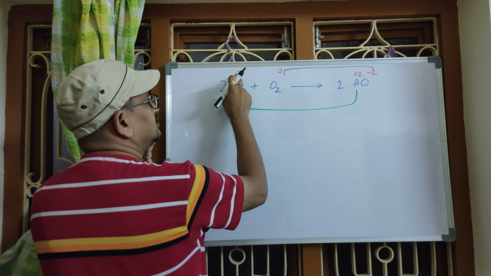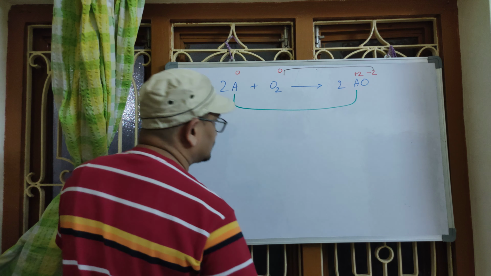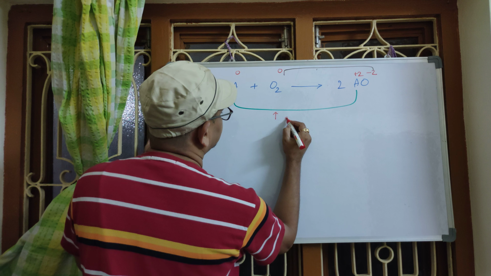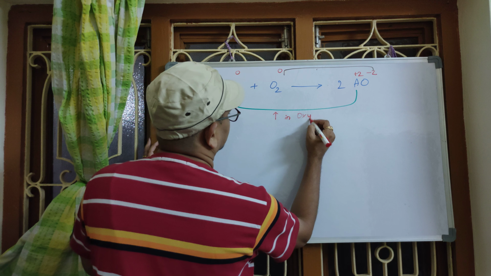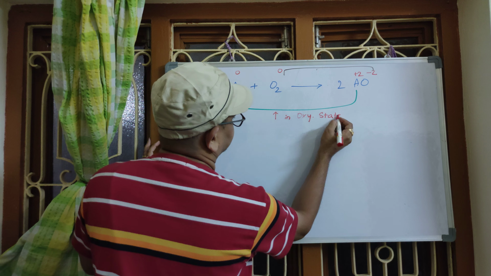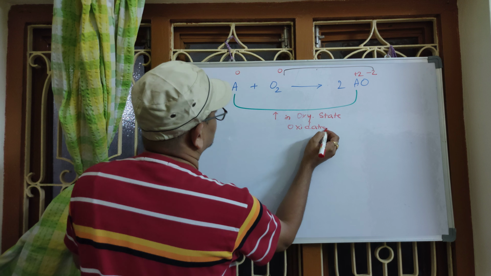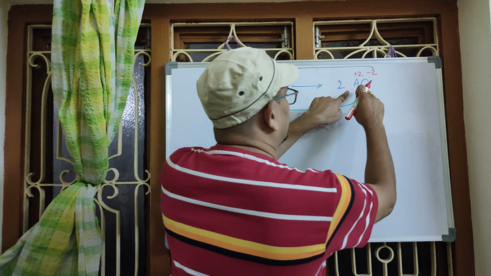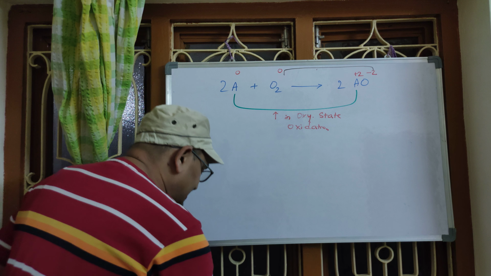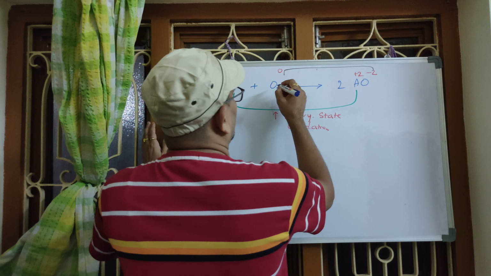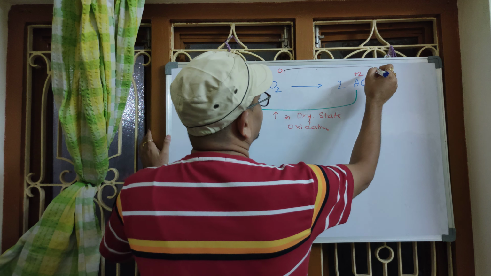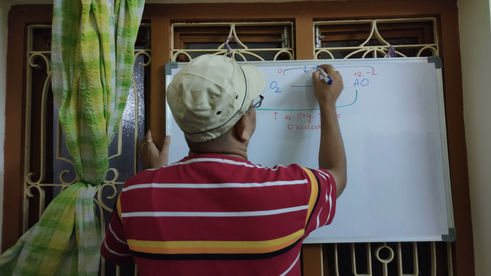A had shown 0 to +2, increase in oxidation state. Increase in oxidation state stands for oxidation. So, A is oxidized to A plus 2. Similarly, oxygen had shown 0 to -2, decrease in oxidation state.